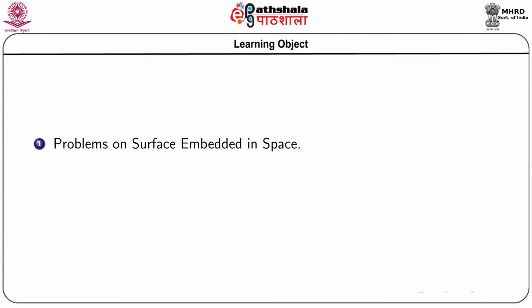So, let us start to find all these curvatures for different surfaces. So, here in module 6 of chapter 9, we shall deal with some problems on surface embedded in space. Let us see the first problem.